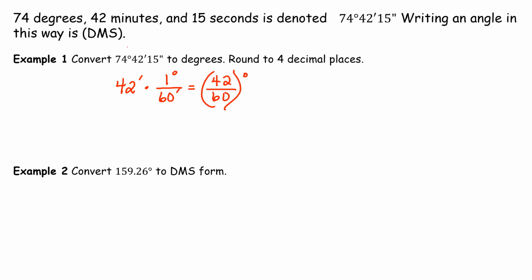So we've got that. And then the 15 seconds, we can change that to minutes by saying that there is 1 minute in 60 seconds. And then we can change that to degrees by saying that there's 1 degree in every 60 minutes.